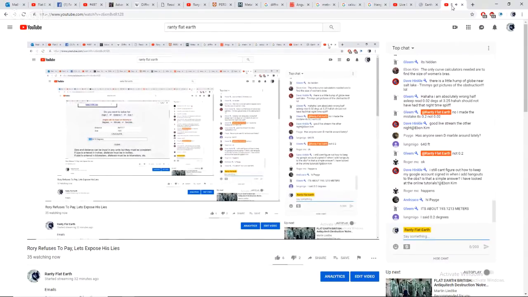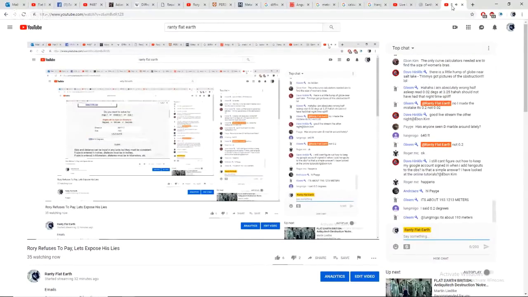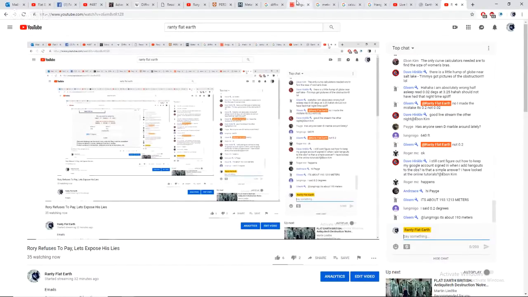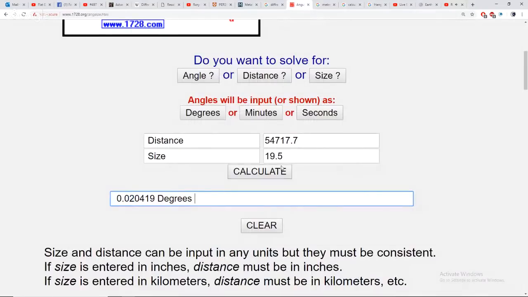Right, I'm getting confused here, guys. You want me to figure it out to 0.2? Right. Let me do it to 0.2 then.